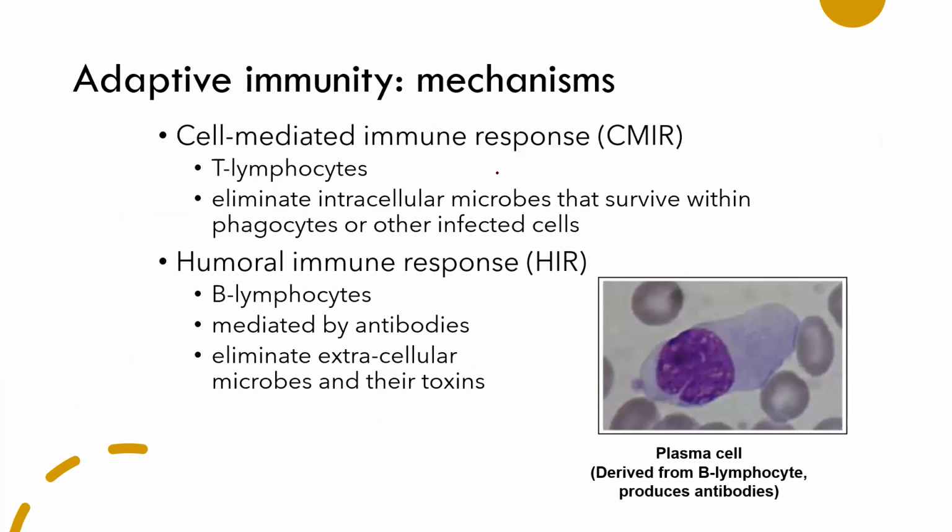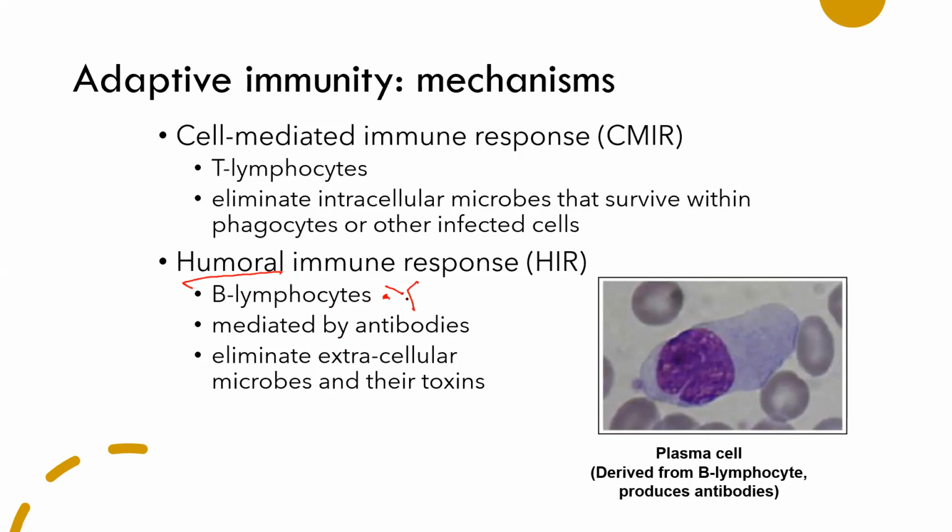So B cells and T cells both work together. We saw that B cell maturation and activation is dependent upon T cells. Those are two different arms of the adaptive immune system. B cells contribute mostly to the humoral immune system, because what is humoral?